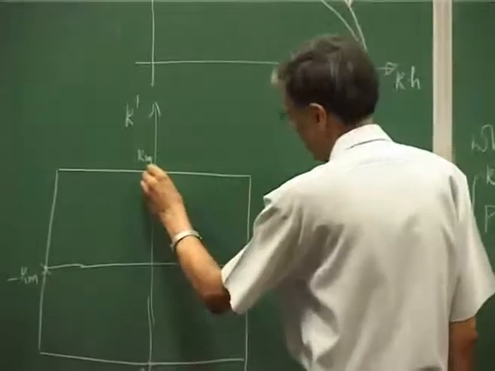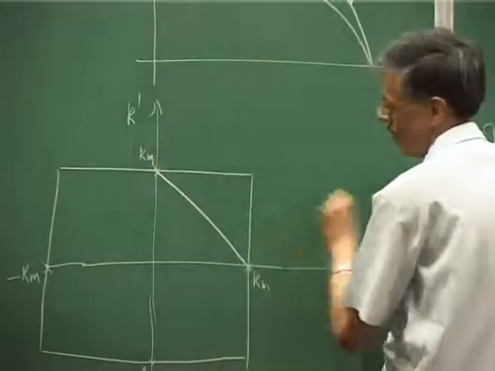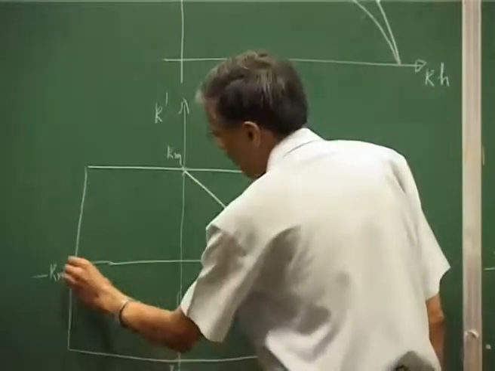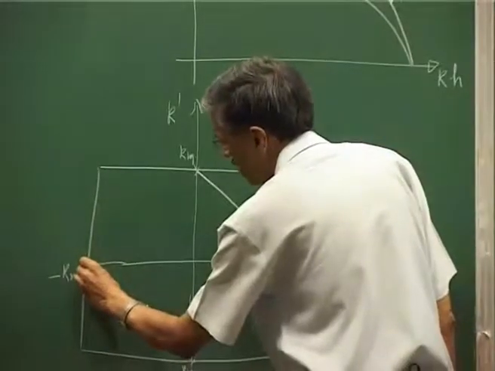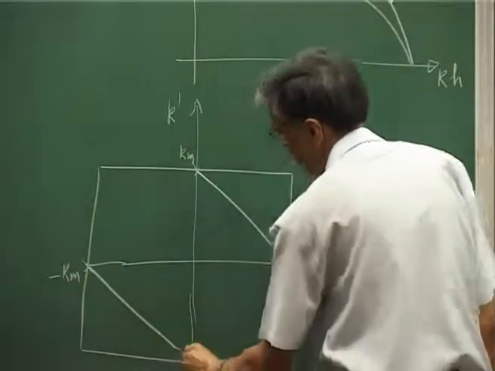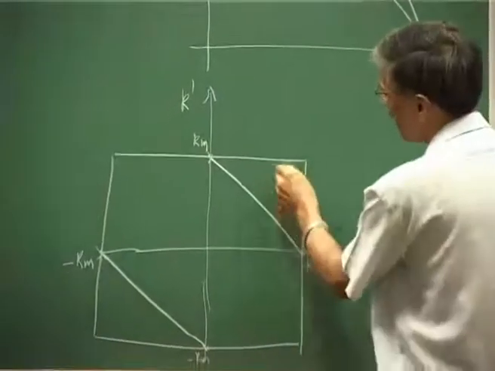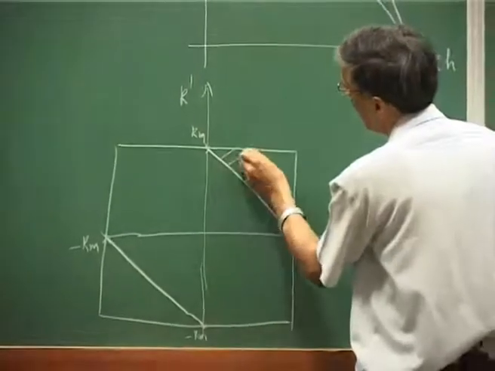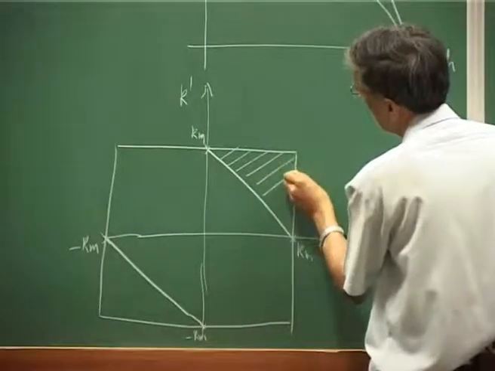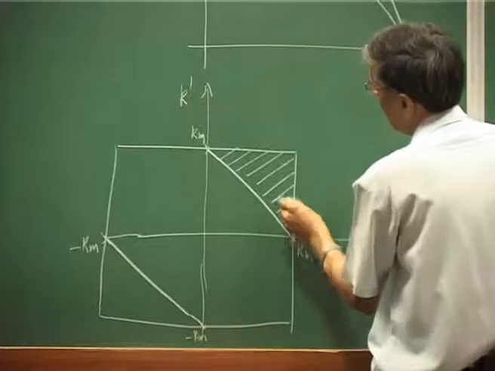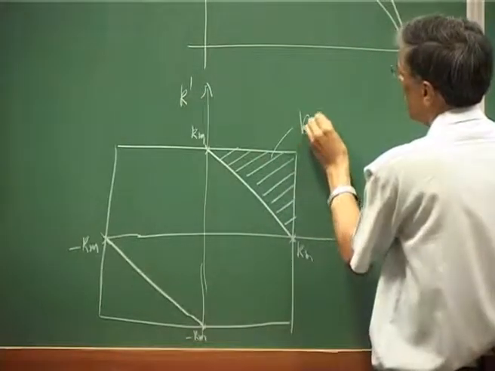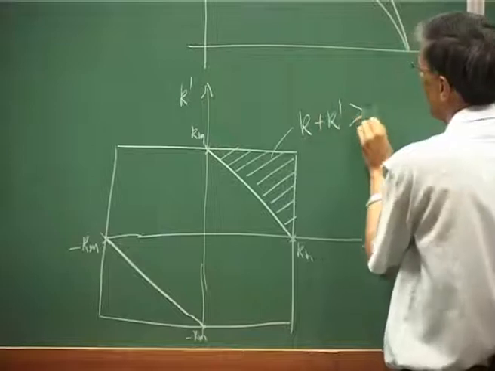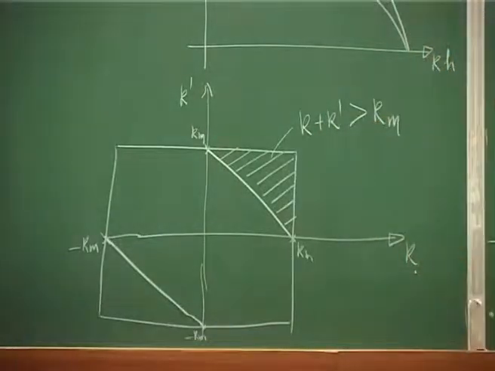It would be a line like this, and similarly k plus k prime equal to minus km would be a line like this. And what about this area? This area would correspond to k plus k prime greater than km. All of you see that?